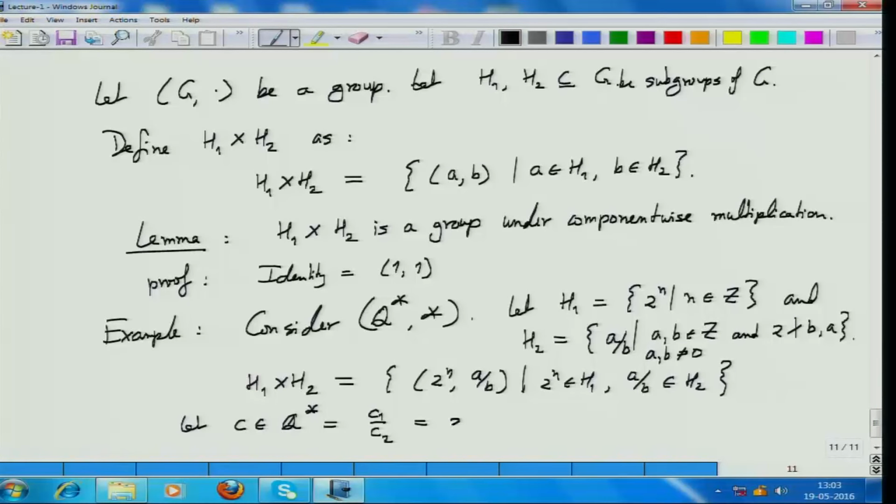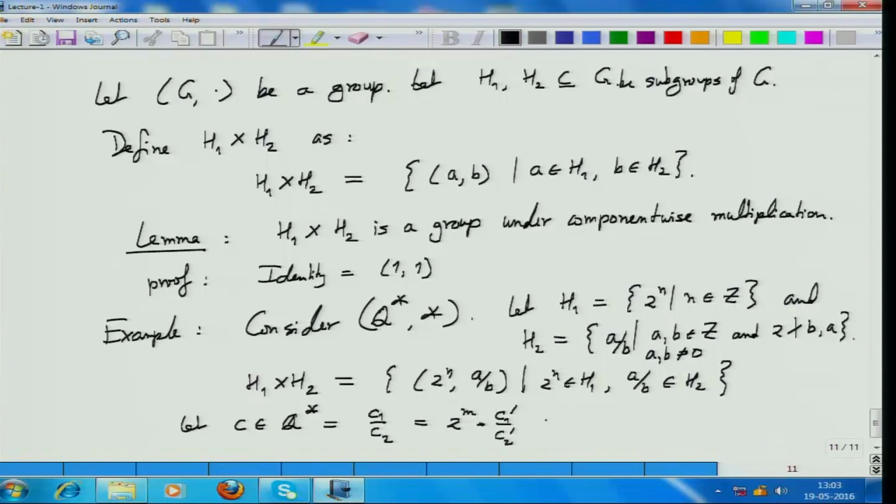So I can write this as 2 to the m times C1 prime by C2 prime, where C1 prime, C2 prime are odd and m is any integer, positive or negative, whatever the case may be.